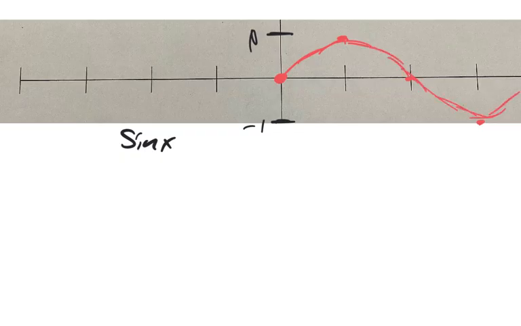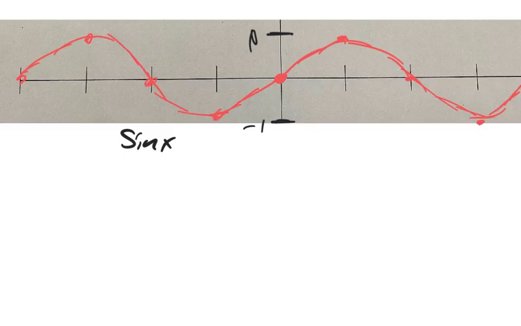So if I were to graph sine of x, this is not something you're going to have to redo. This is me explaining. I'm teaching right now still. If I graph the sine wave, this is what it is.